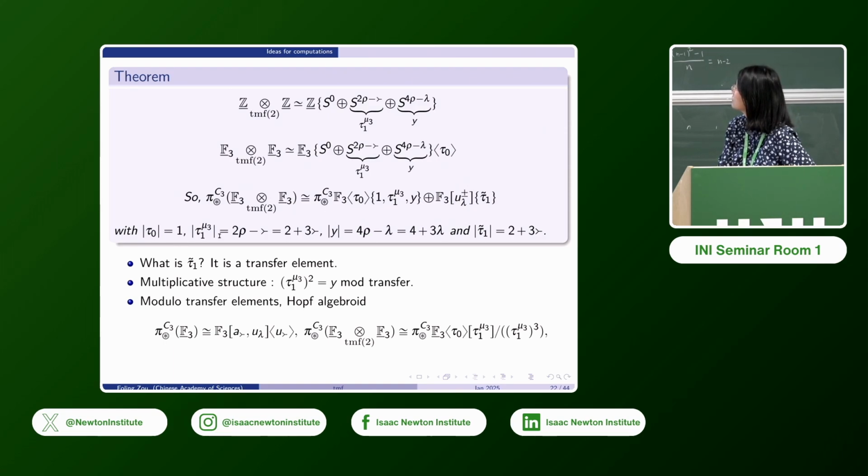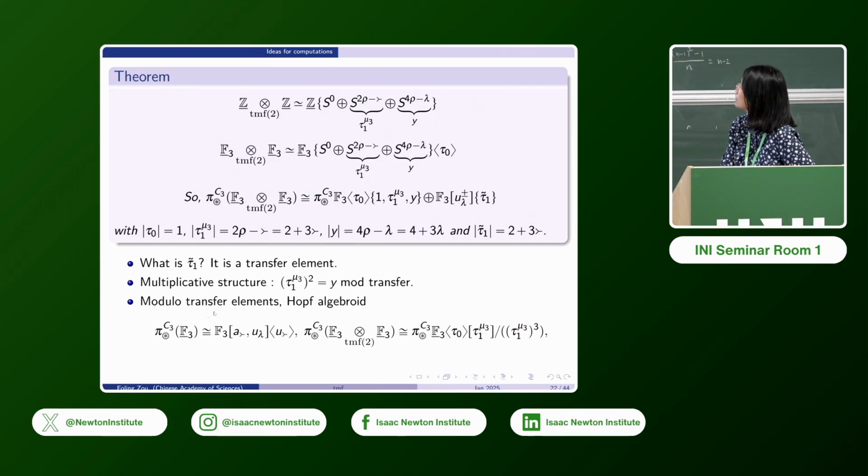And this tau 1 mu3 is in some spoke grading, 2 rho minus spoke. This y is in degree 4 rho minus lambda. And there are also these transfer elements. Modding out by transfer, from the construction we can tell tau 1 mu3 squared is y.